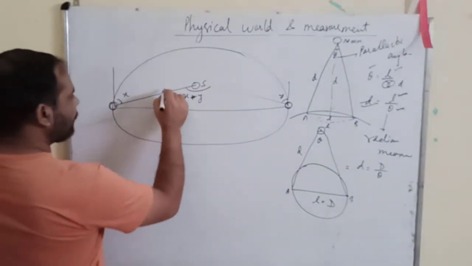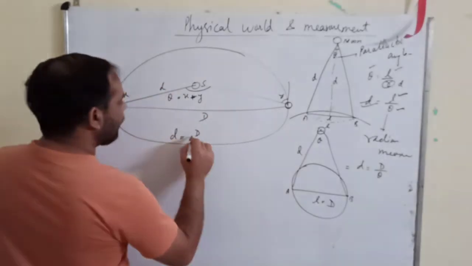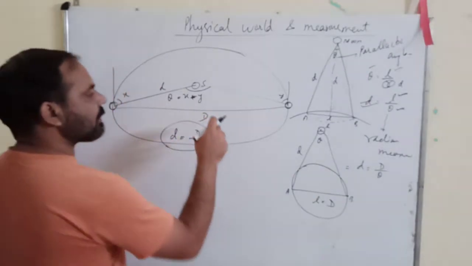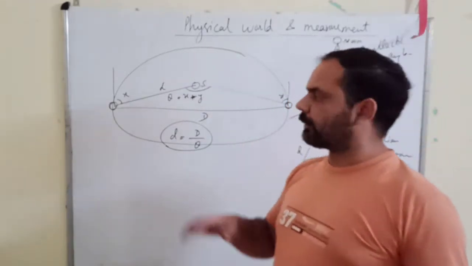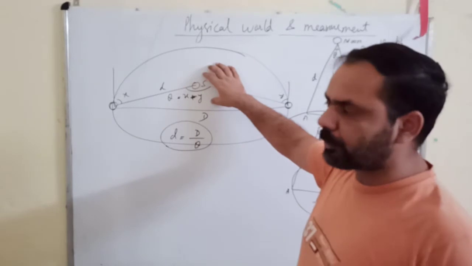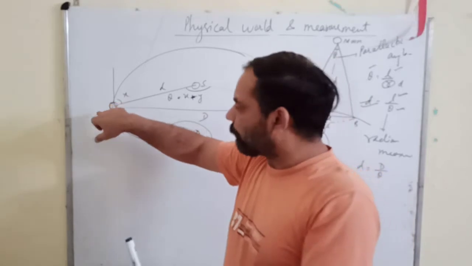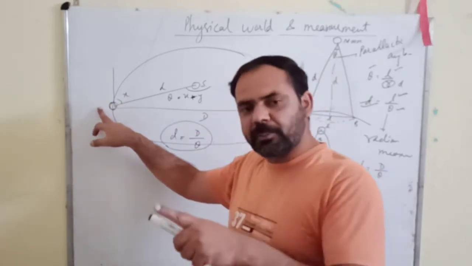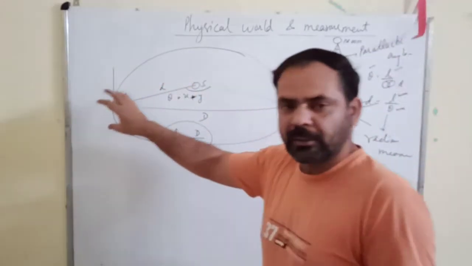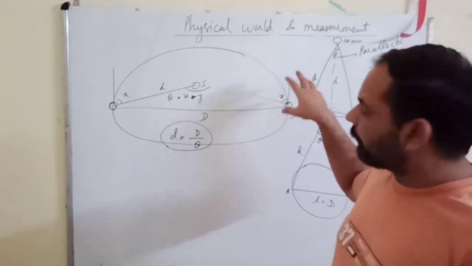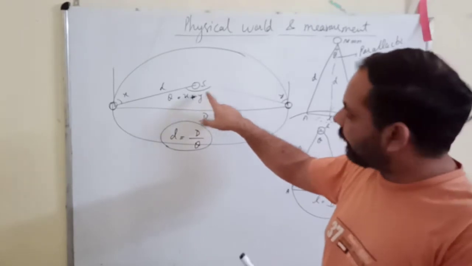So now you can find out this distance d equals, suppose this is the diameter of earth's orbit, d upon theta. Now your d is sufficiently large. So how will you make the observation? We will observe the sun once from one position, and a second observation we will take after 6 months when the earth will be at the diametrically opposite position on the orbit, and then you get that parallax angle and use this formula.